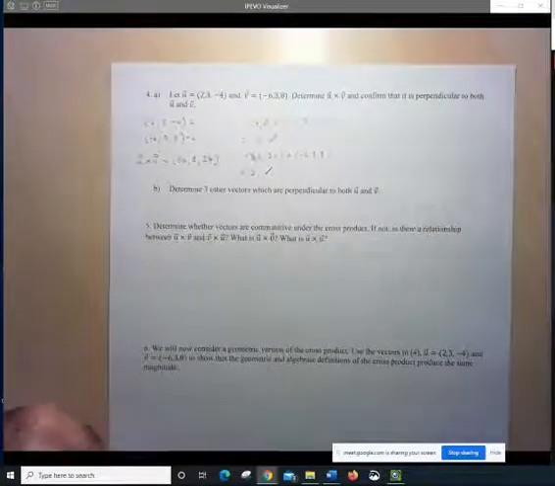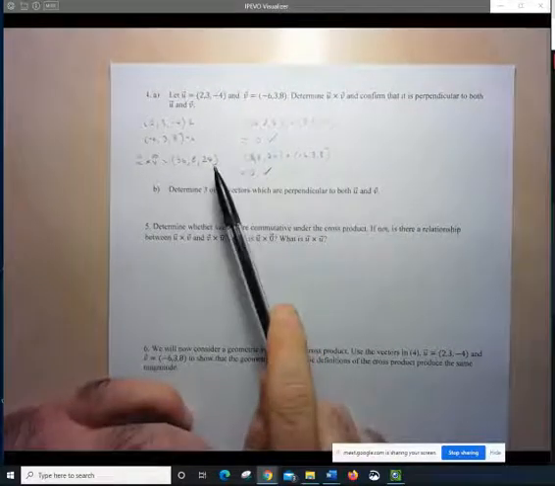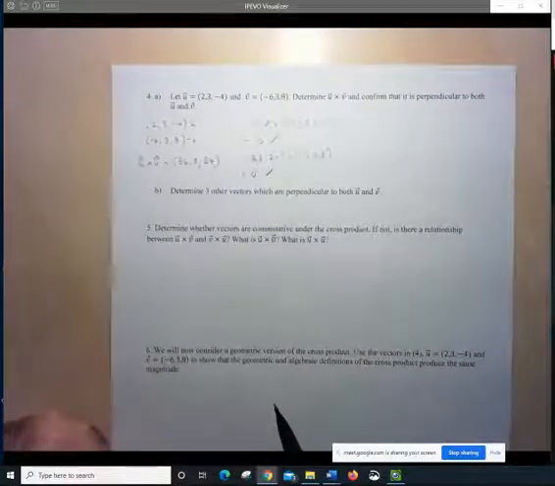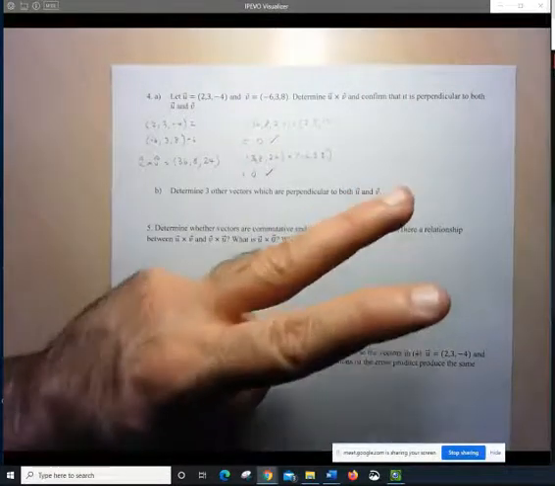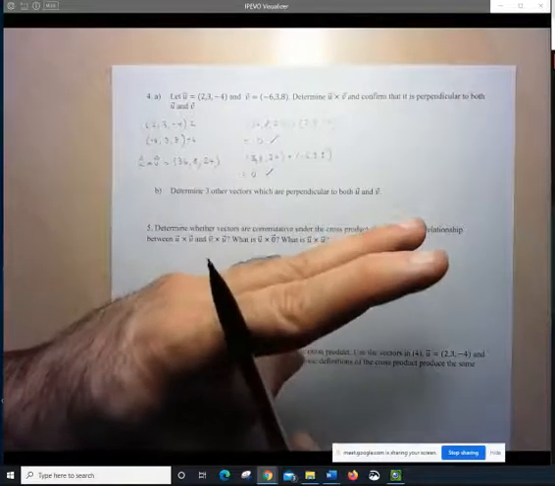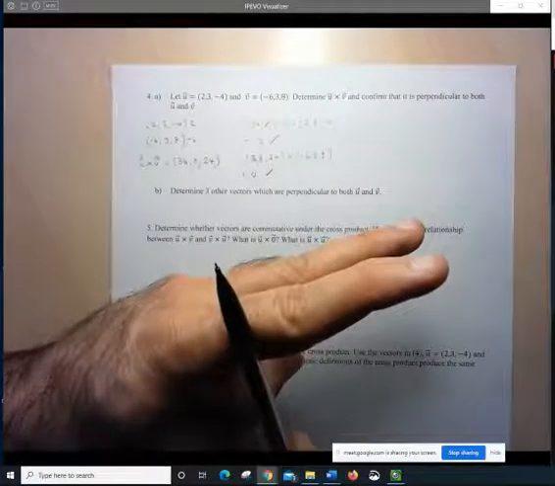Okay, so what's being suggested here is that any scalar multiple of this vector should be perpendicular to both. So if I think of, okay, we'll wait for this to unfreeze. There you go. If these represent my 2 vectors, there's one small vector that's perpendicular to both.